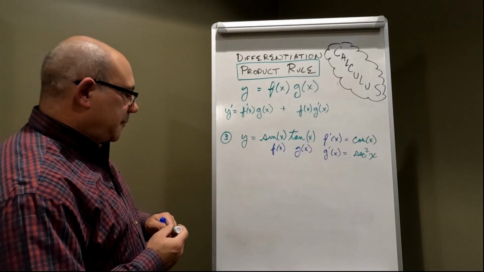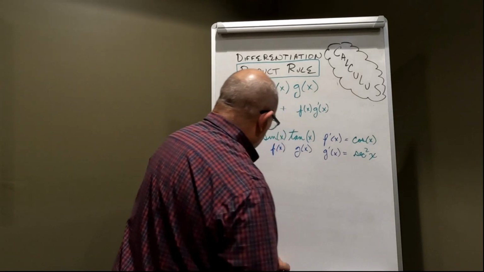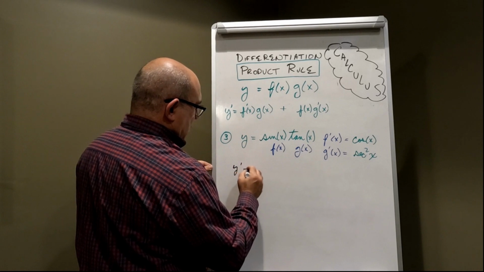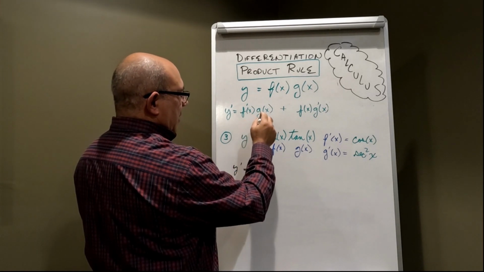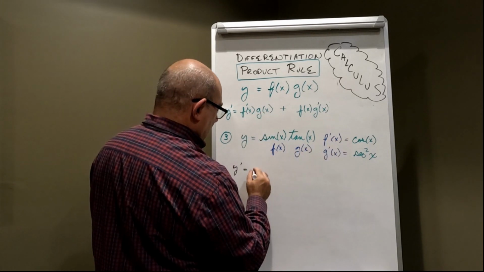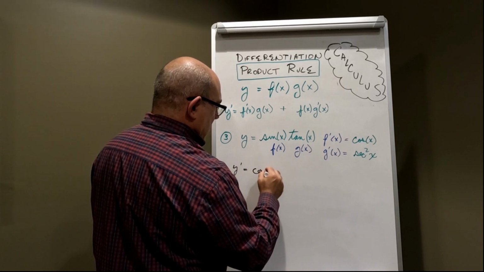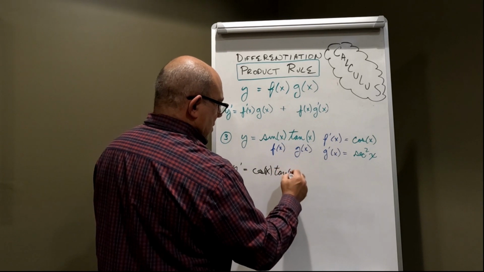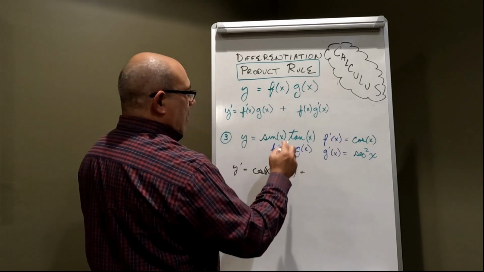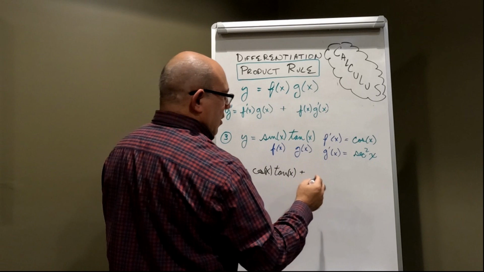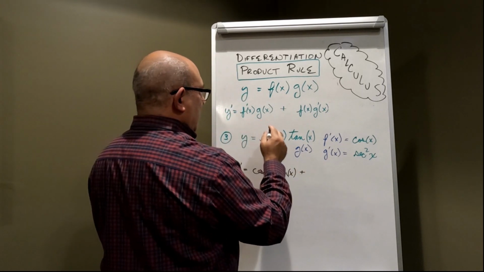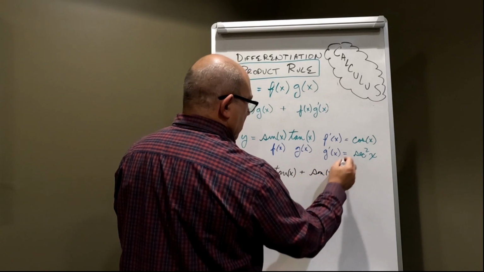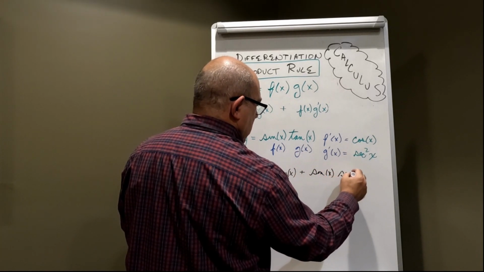So plugging this in, we will get y prime equals f prime of x, g of x, which is cosine x, tangent x, plus f of x, g prime of x, f of x is sine of x, and g prime is secant squared x.